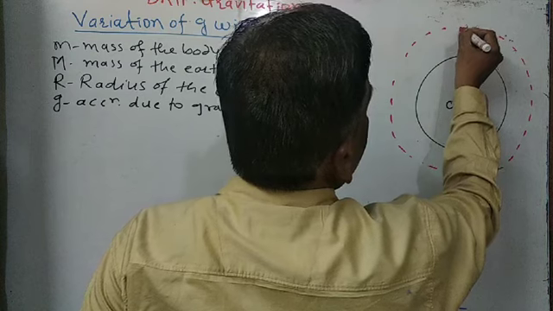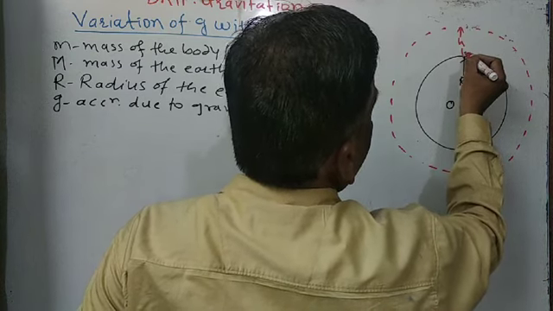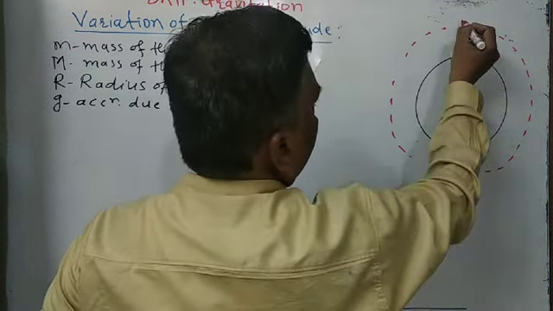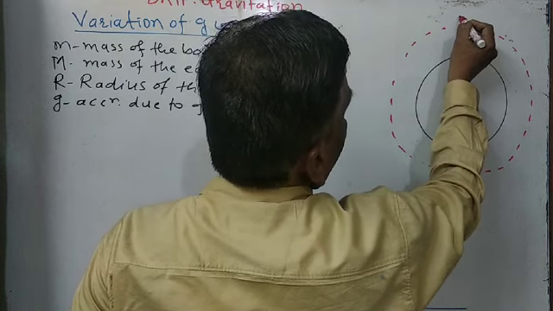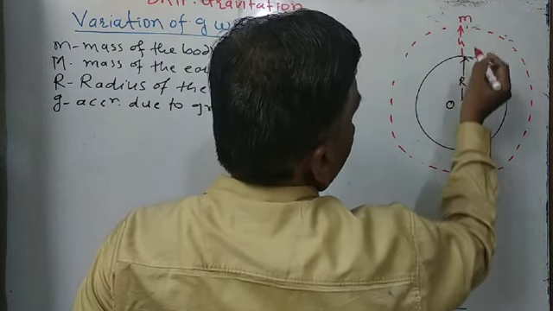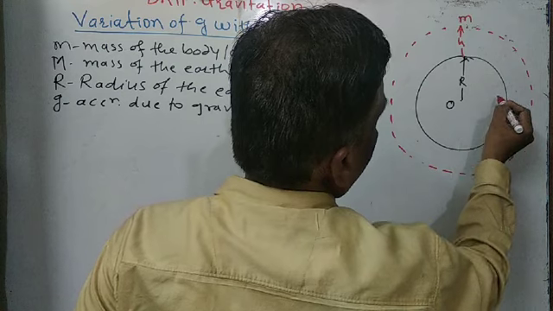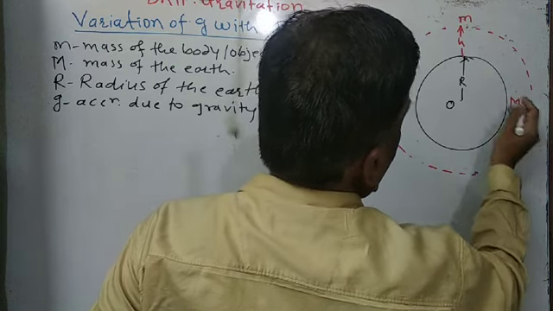This is h, the height, and the object has mass m, and capital M is the mass of the earth.